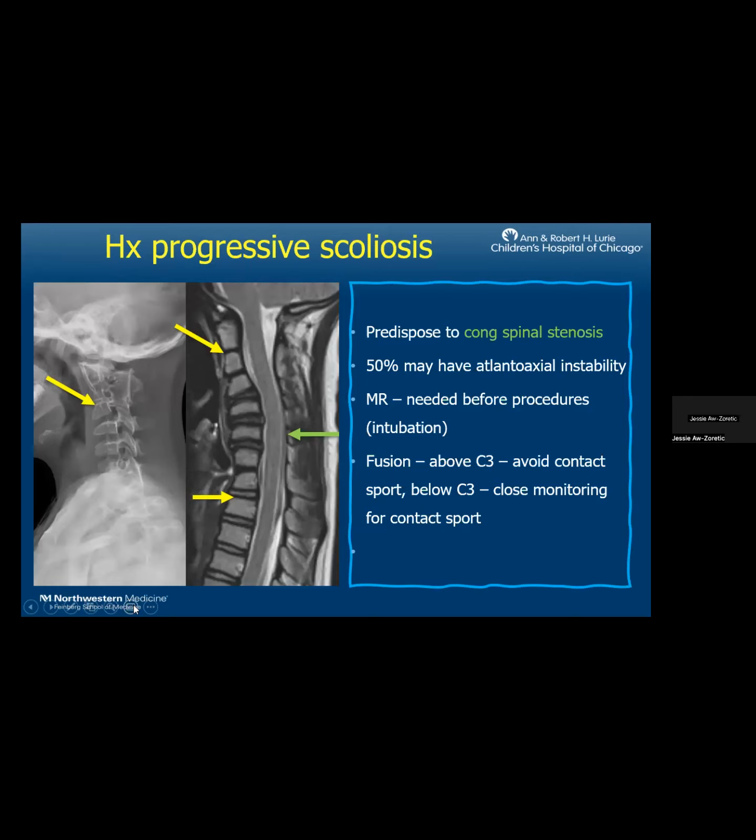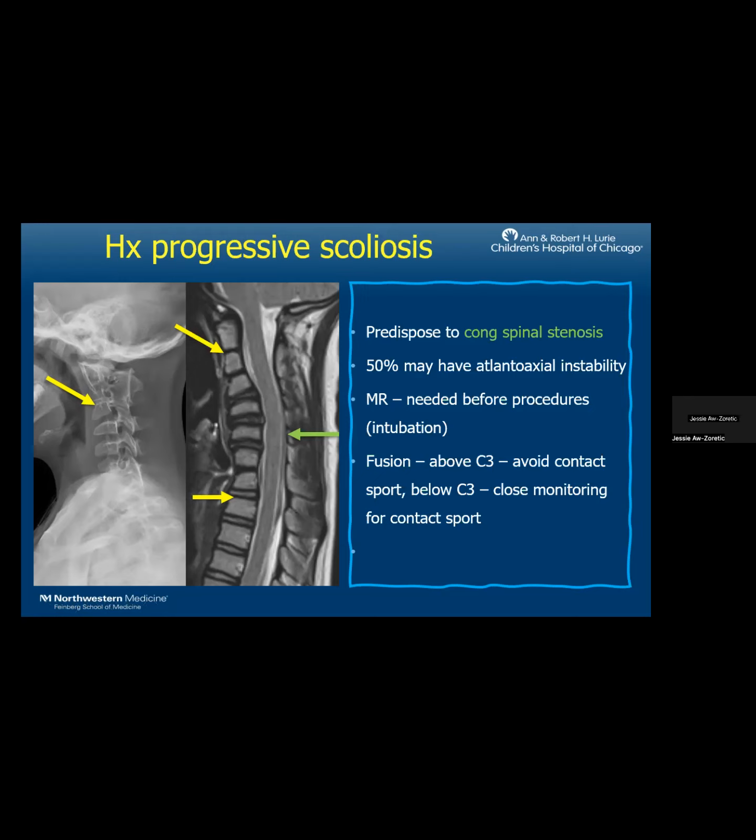As you can quite clearly see here, they're predisposed to congenital spinal stenosis, since it especially has a predilection for the cervical spine. So Klippel-Feil has a higher association with cervical spine anomalies. And then 50% may have atlantoaxial instability.